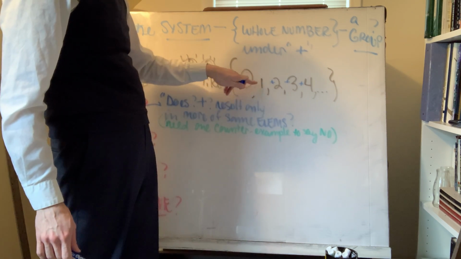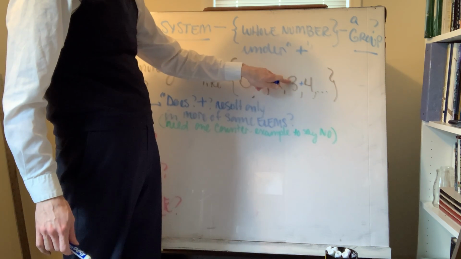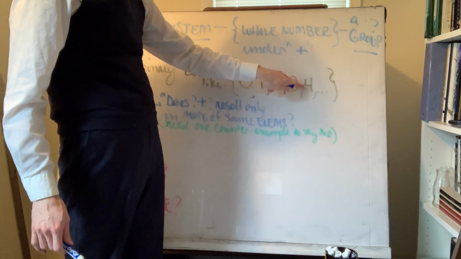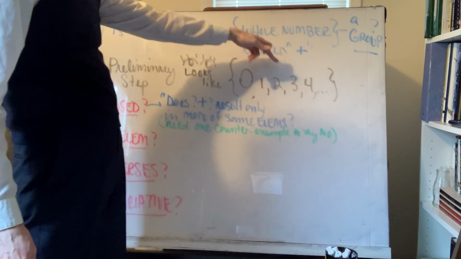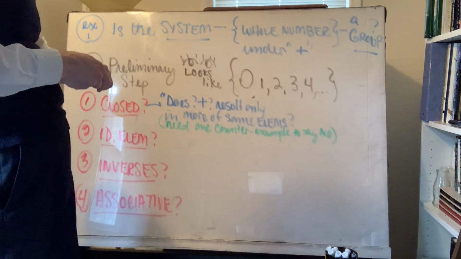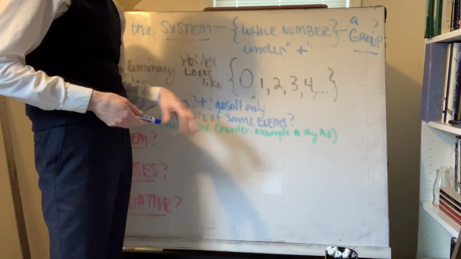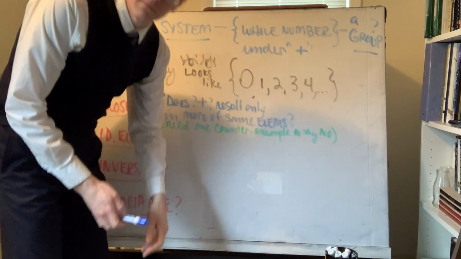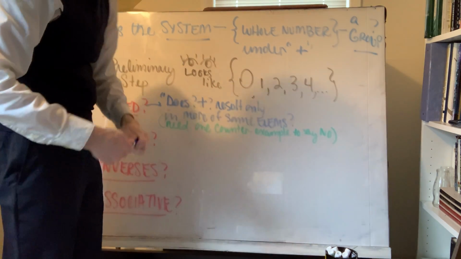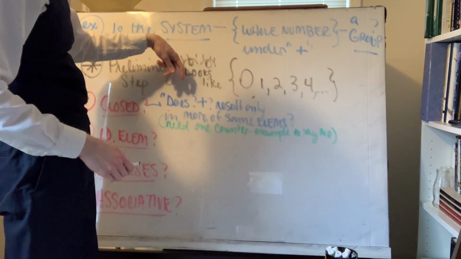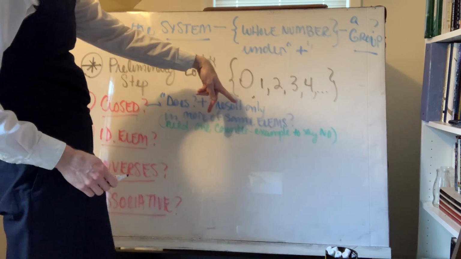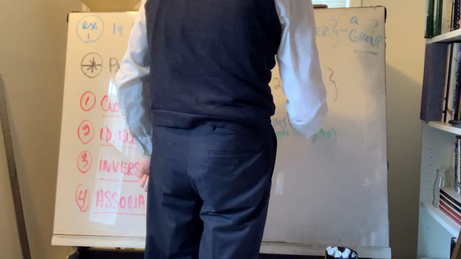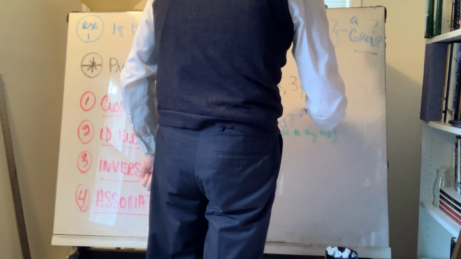If you use 0 as one of your add-ins, you're going to end up with the same elements. So far, so good. If you added 1 to anything, you would end up with just a whole number, basically. So another way of phrasing this, and this is why it gets a little tricky: does adding result only in more of the same elements? Well, what are the type of elements? Only more whole numbers?